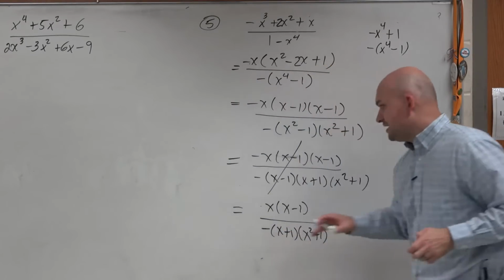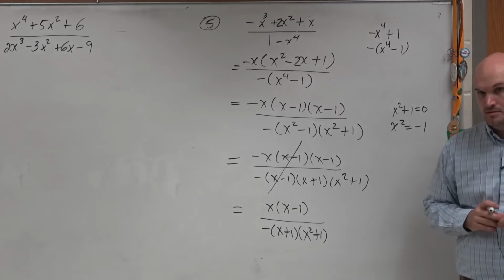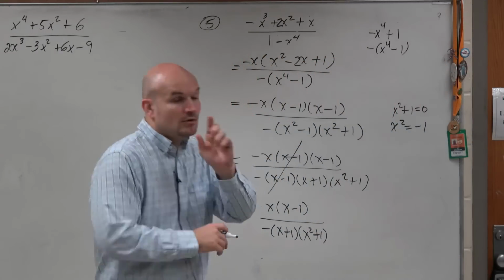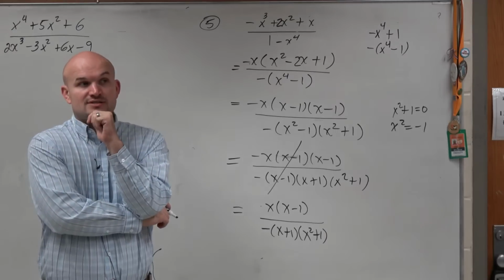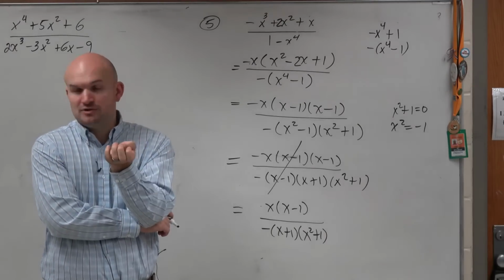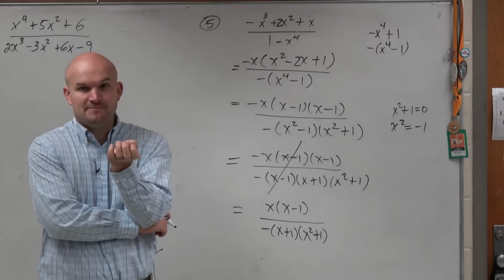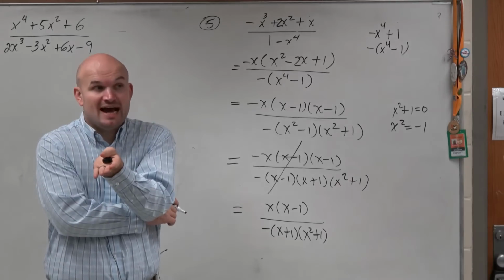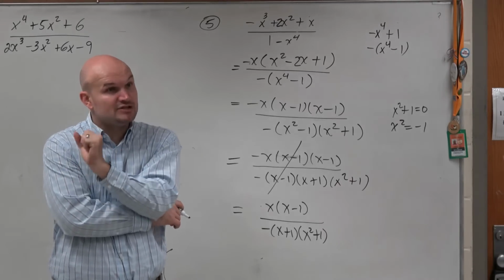However, can x equal negative 1? No. What about x equals 1? Well, remember our unit on functions. If I have a hole or if I have an asymptote, are both those values not in my domain? Yes. So just because something gets simplified out doesn't mean it's not a restriction.